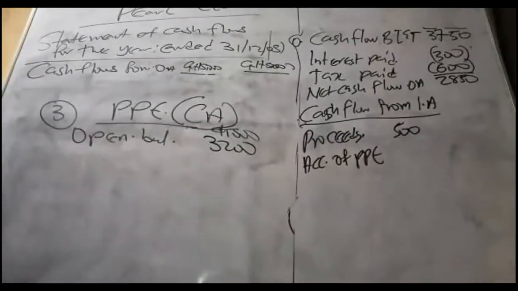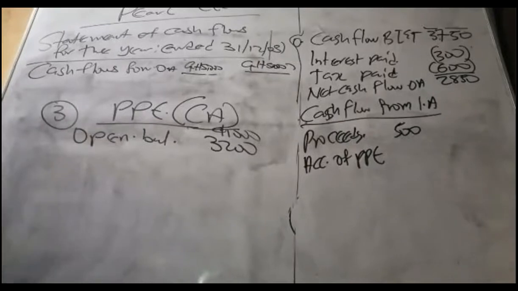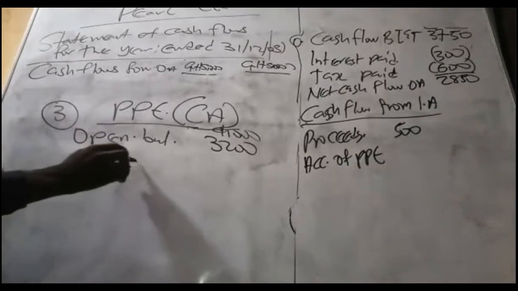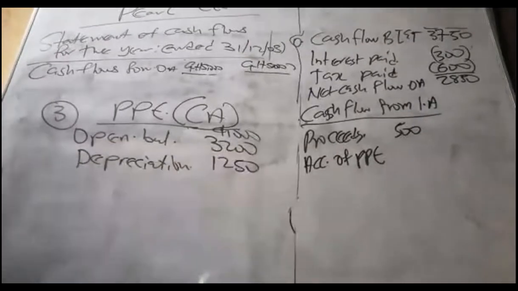Opening balance 3,200. Now what do you do again? Ask yourself what goes to PPE schedule. Bring all of them here. What goes into PPE? If there was depreciation charge for the year, right? Must enter here. If there's disposal. So what's the depreciation charge for the year? Let me record that one before I forget. So depreciation charge 1250.